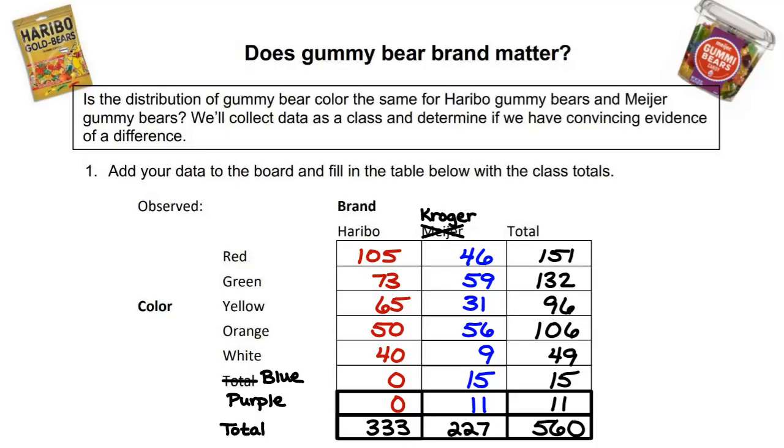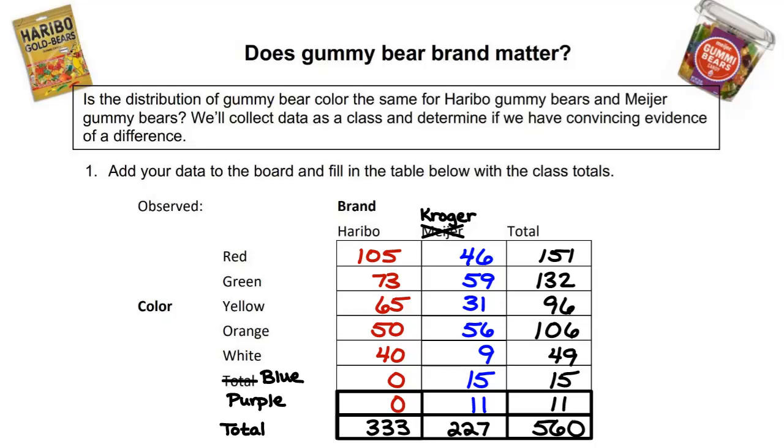So going back to our observed, we had 105 red Haribo. We had 73 green. We had 65 yellow, 50 orange, 40 white, 0 blue, and 0 purple. I'm going to keep adding to this same list. We're going to go up to the top of the Kroger list now and do Kroger red and then go straight down.